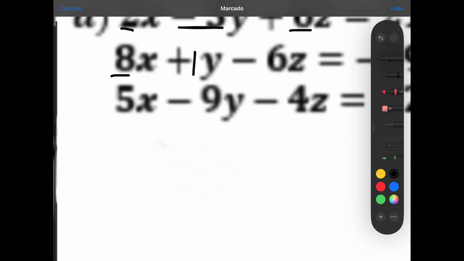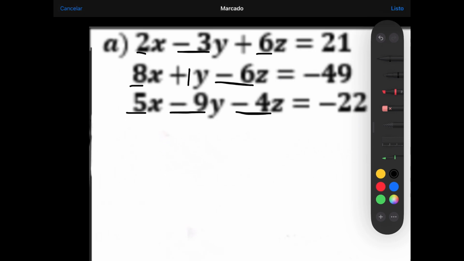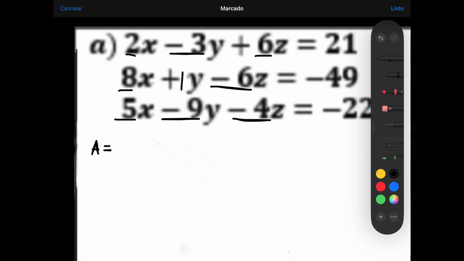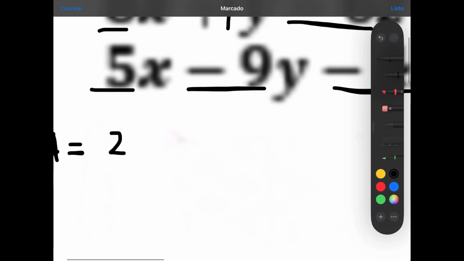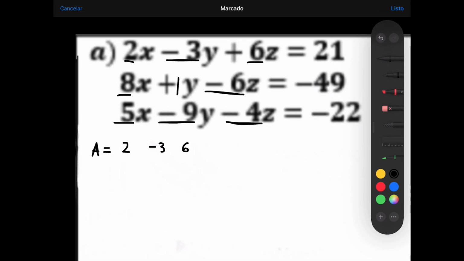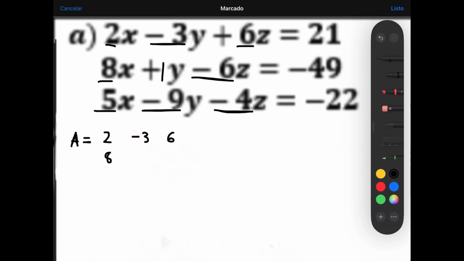This is a 1, the -6, the 5, the -9, and the -4. So we're going to put A is equal to -2, -3, 6, and 8, 1, -6, and 5, -9, and -4, with brackets.